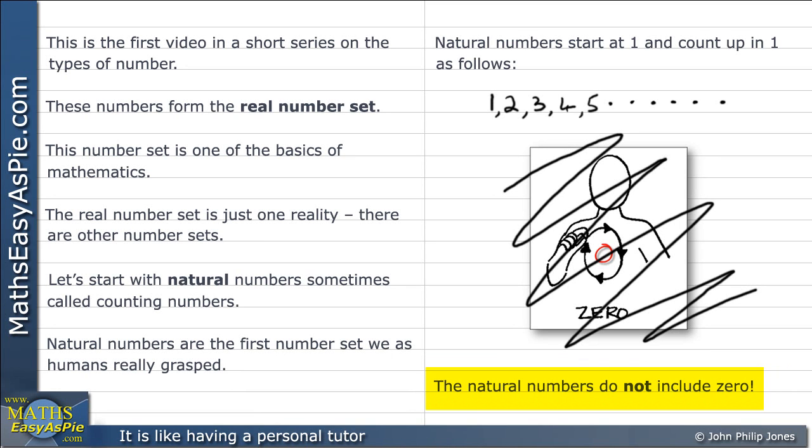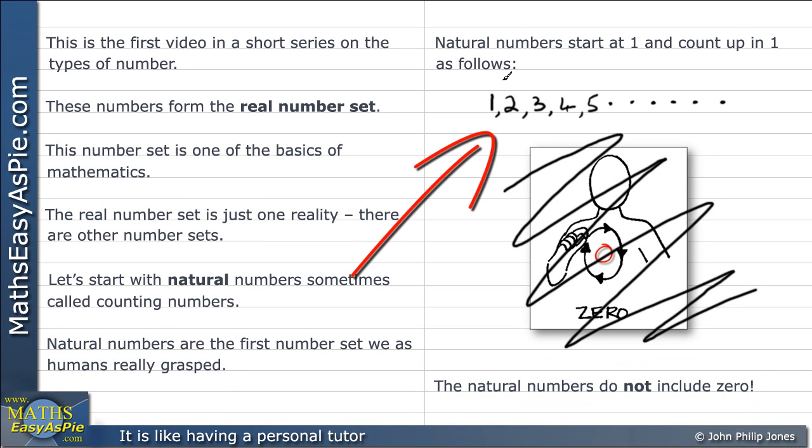When you talk about natural numbers, it doesn't include zero, because it wasn't natural to our ancestors, because they didn't see the purpose of a zero. Come back up here now and we have a look. We can see that the natural numbers start at 1, then they go to 2, and so on in this direction. But you'll note from that sequence of numbers there is no zero, because the natural number set does not include zero.